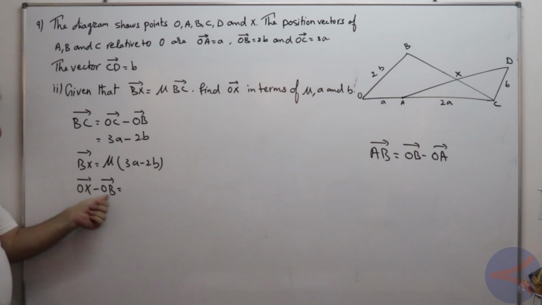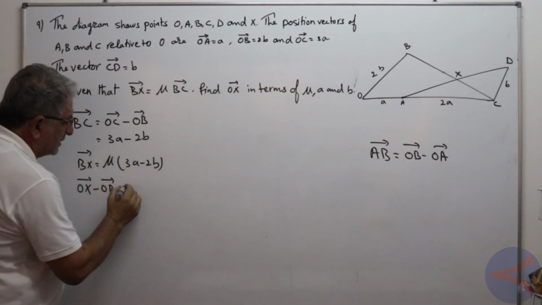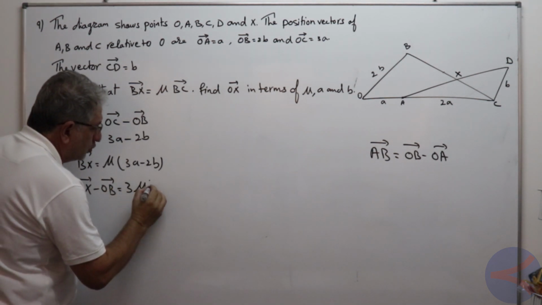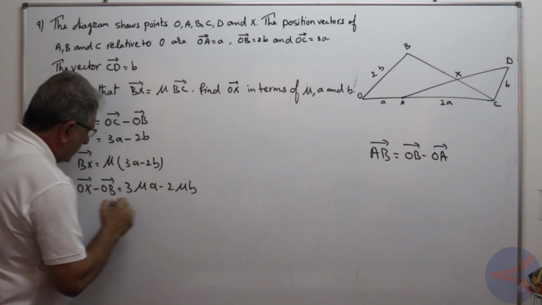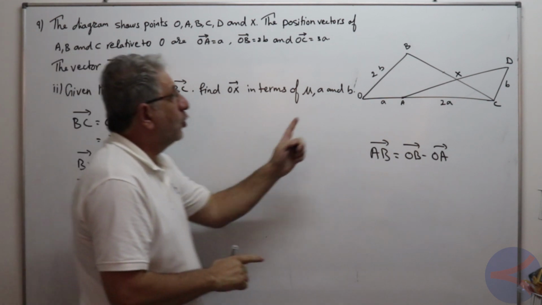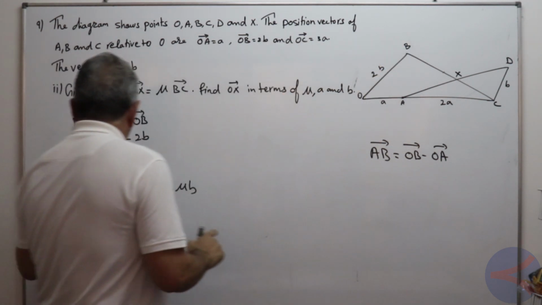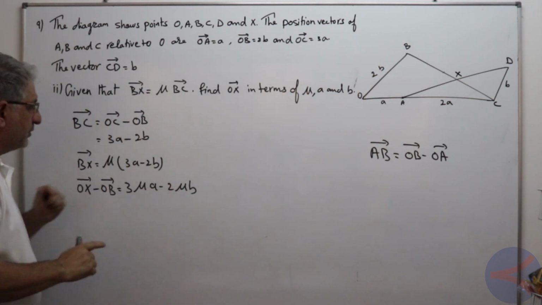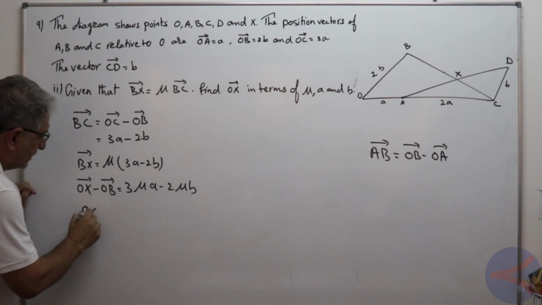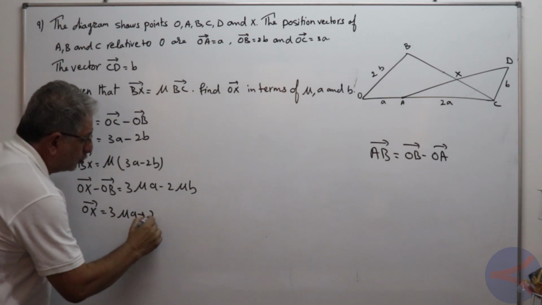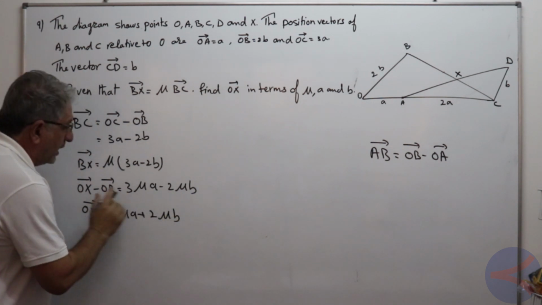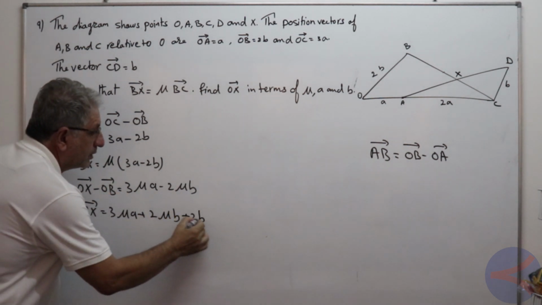OX minus OB. Therefore, if I expand this, I'm getting 3 mu A minus 2 mu B. Now, OB is what? OB is 2B. I will take it that side, it will be positive. Therefore, OX is equal to 3 mu A minus 2 mu B plus 2B.